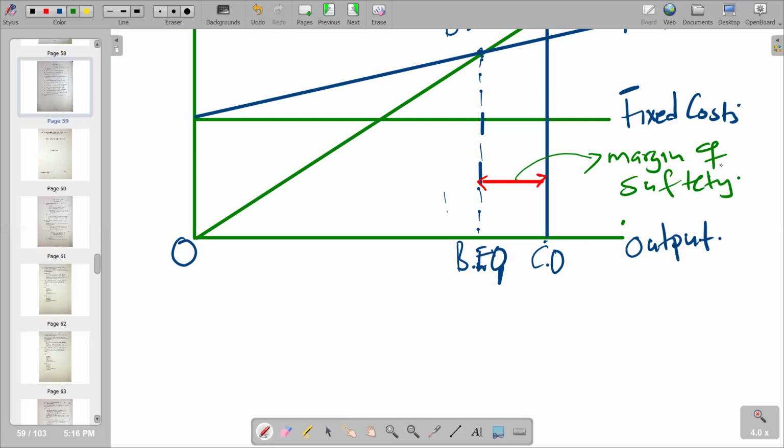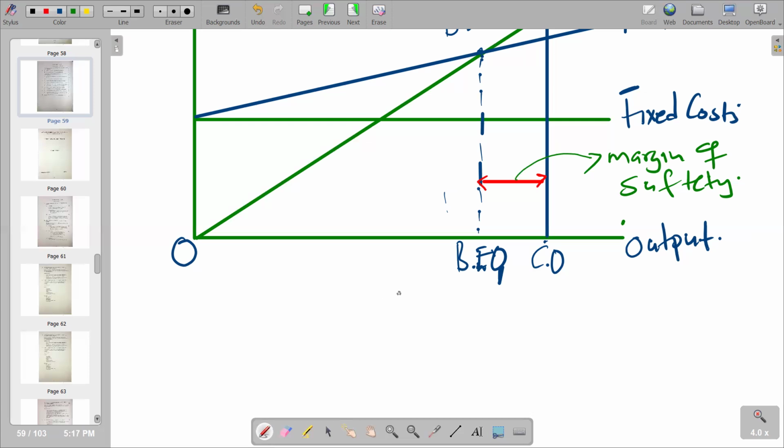So basically, this is how much output can fall before a business makes a loss. Remember, at the break-even point, that's where we are having profit equal to 0. So if we produce below the break-even point, we are now making losses. But if we produce above the break-even point, we are making a profit. So this margin of safety shows that we can reduce production up to the break-even point without making a loss.